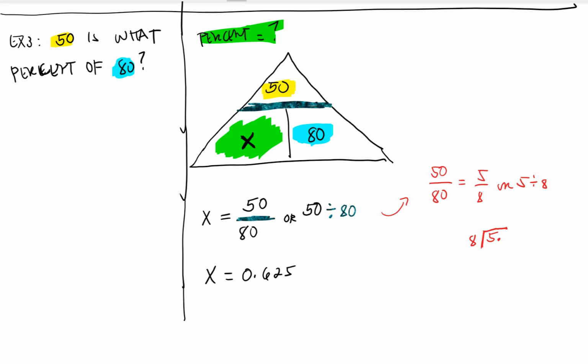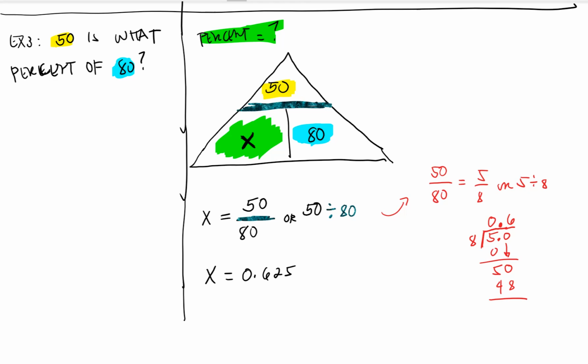So my decimal place is somewhere here. That's 0, 0, 5, and then I bring down the 0. Now this becomes my new dividend. 50 divided by 8 would be 6. 6 times 8 is 48.